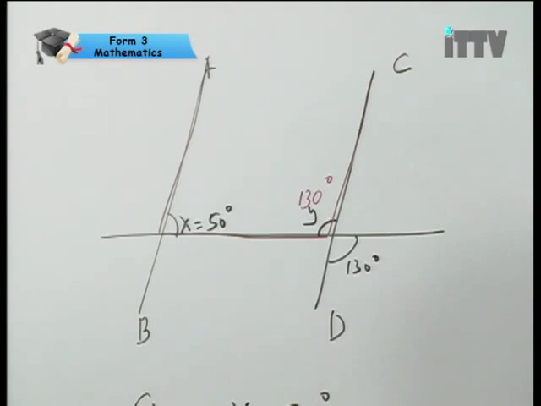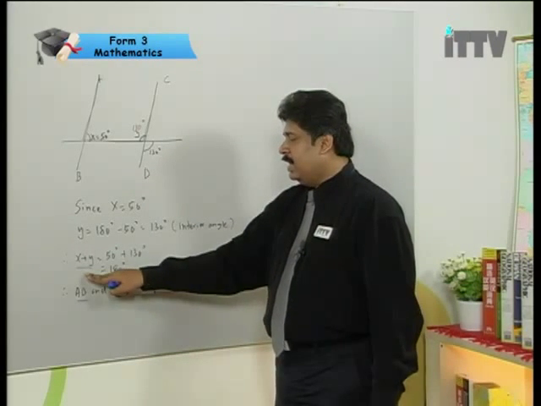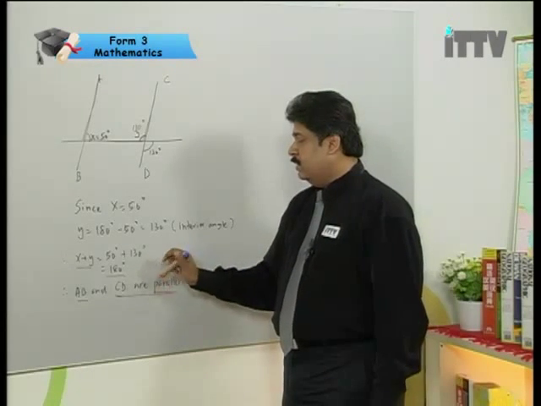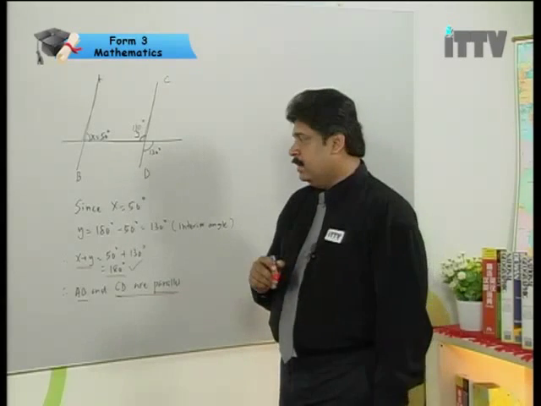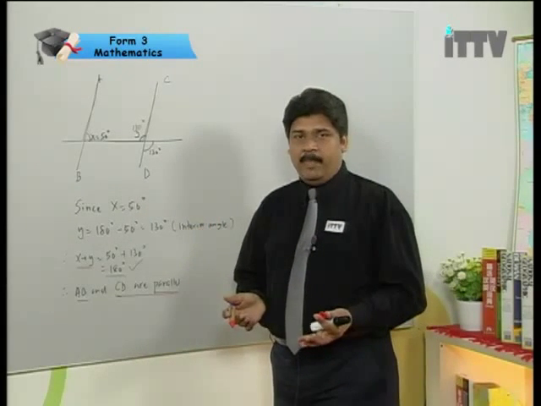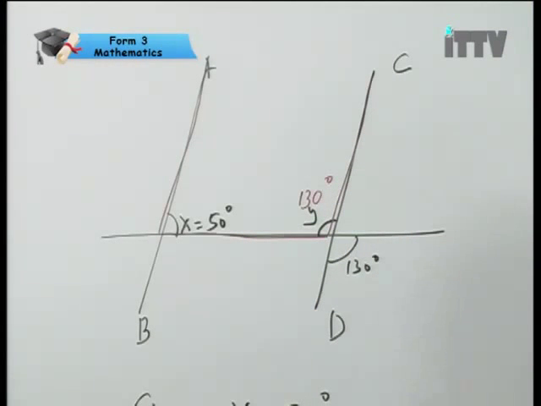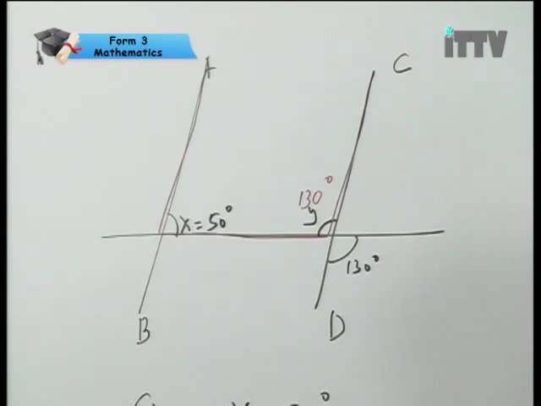So the next question is, what is the value of x plus y? x plus y is equal to 50 plus 130, that will give you 180 degrees. Then, how can I comment on AB and CD?